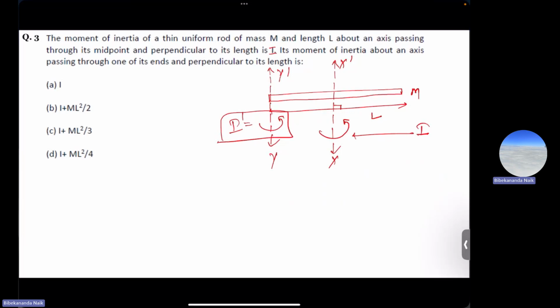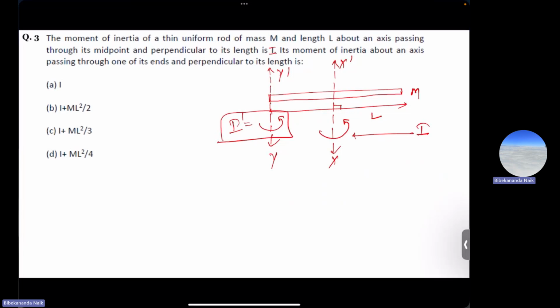It is a pretty straightforward question according to the laws associated with moment of inertia. There are two: one is the parallel axis theorem and the other is the perpendicular axis theorem. Here, as you can see, these two axes are parallel to each other.